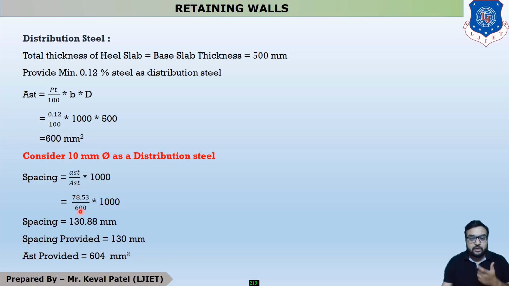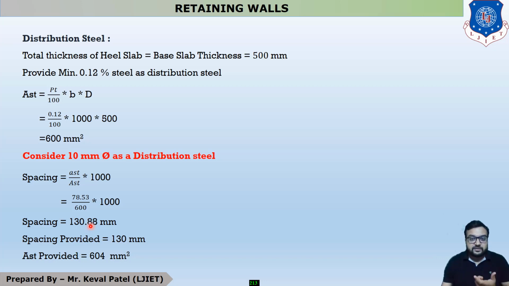After putting all these values, we will get our spacing required as 130.88 mm. After calculating spacing requirement, we have to provide spacing. Our spacing provided is always less than spacing required.